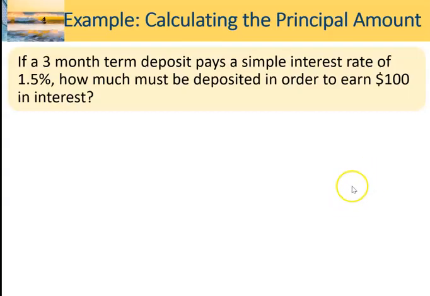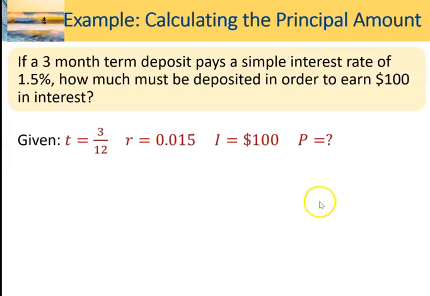Hopefully you paused the video and gave it a try. Let's look at the answer. You're given your term, 3 divided by 12. You could convert that over to a decimal if you'd like. Reduced, that would be 1/4 or 0.25.